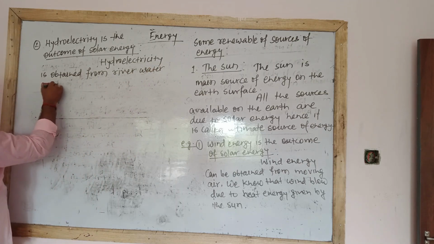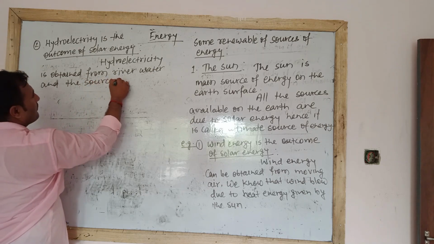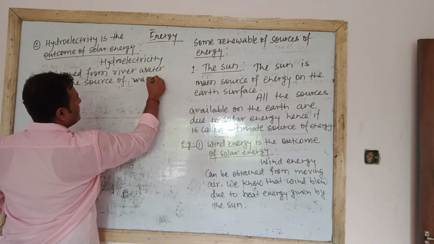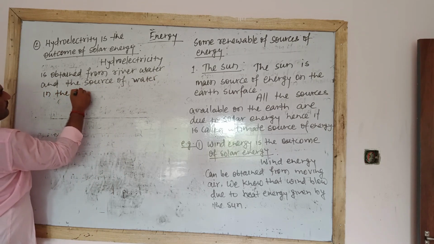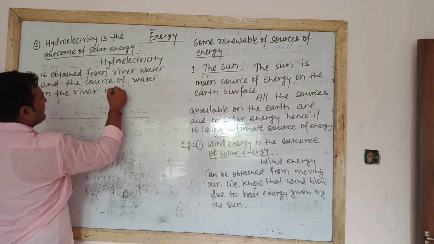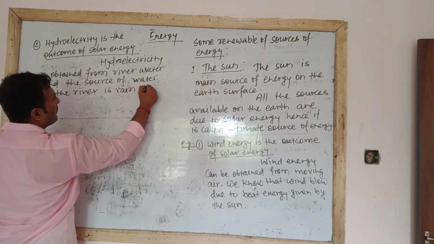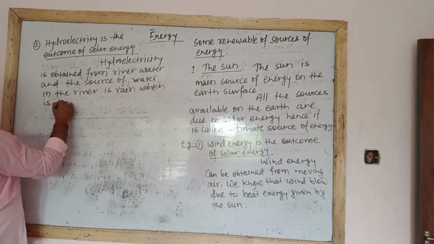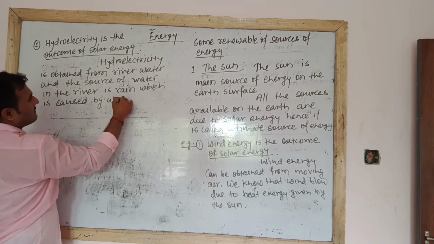and the source of water in the river is rain, which is caused by the water cycle.